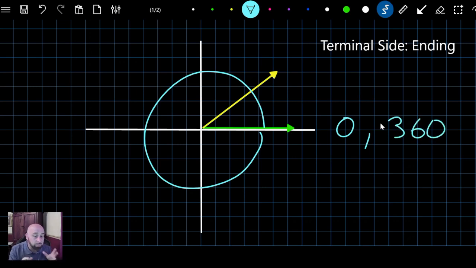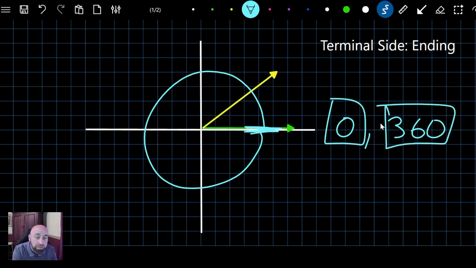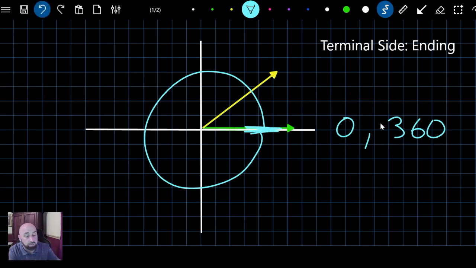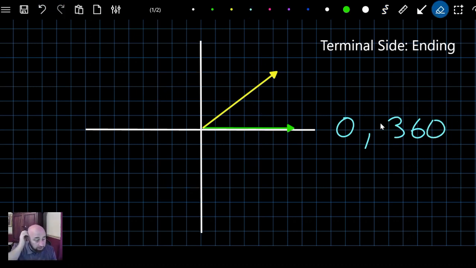It's actually both because it's starting and stopping where the circle forms. So you're starting the circle and ending the circle. So it can be a 0 degree angle. This could also be a 360 degree angle because it also ends the circle. Okay, so that's kind of important to understand as we're going into this.